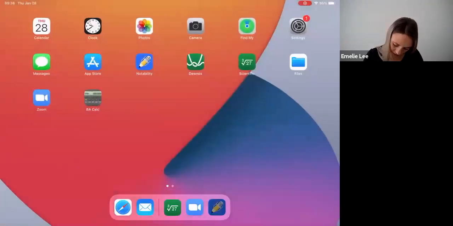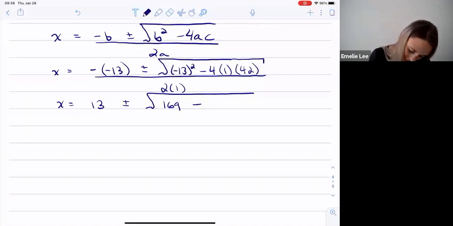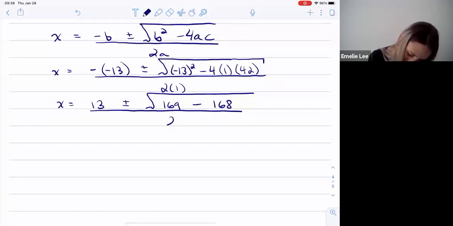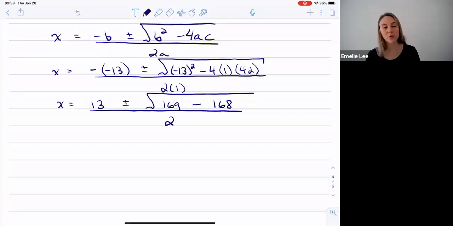Good. All divided by 2 times 1, which is just 2. So always find this square first, and then multiply these terms together before you subtract. You need to simplify both of these terms before you subtract them from each other.